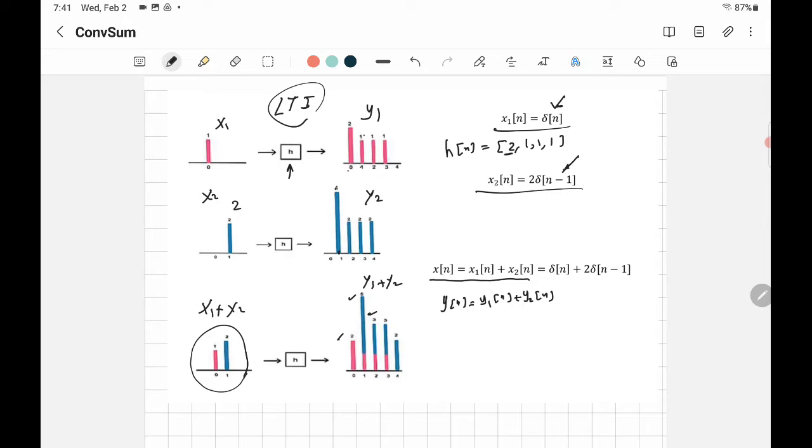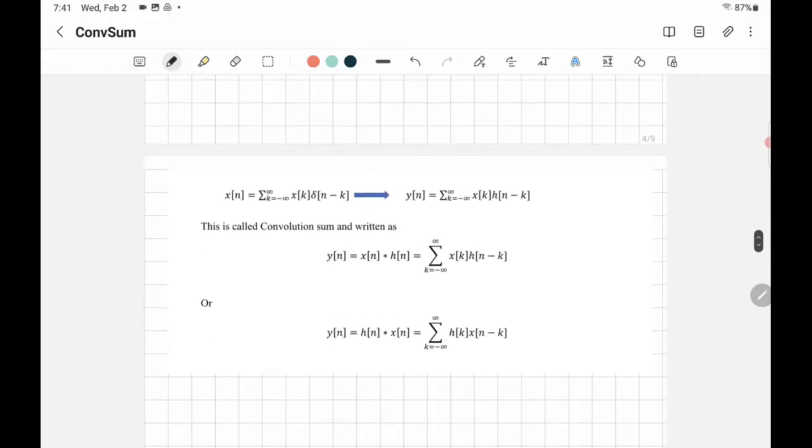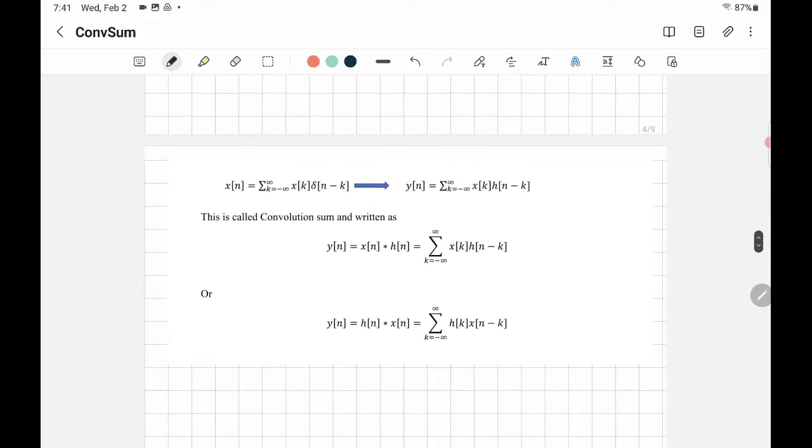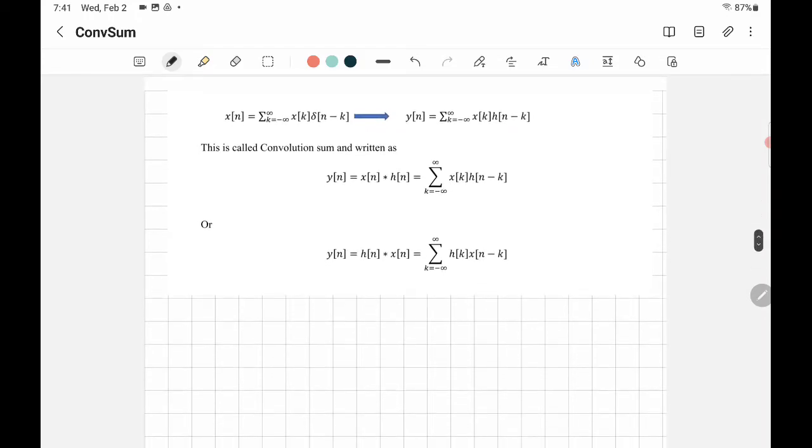Well, now we can simplify what we learned from the previous slide, that x of n is expressed as a sum, and I remind you it's equal to the sum of x of k delta n minus k, where k changes from negative infinity to infinity.